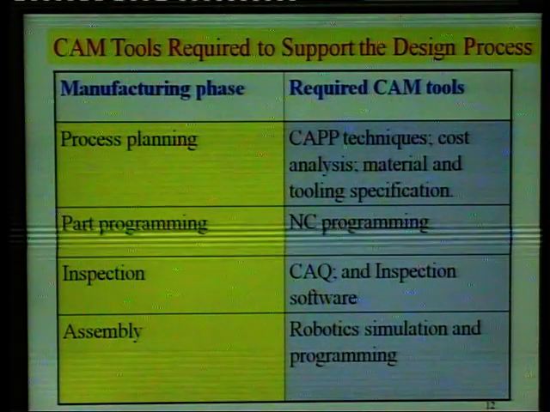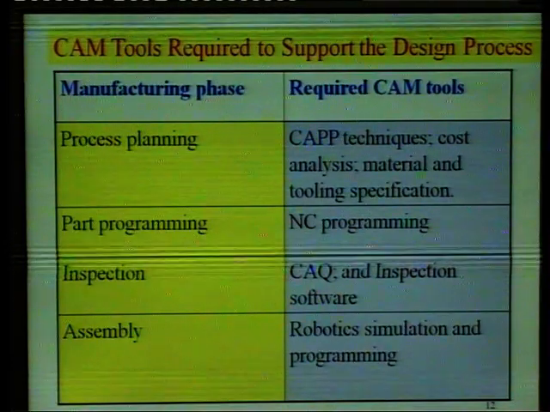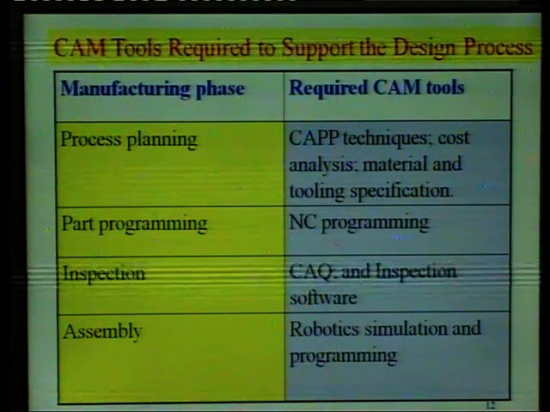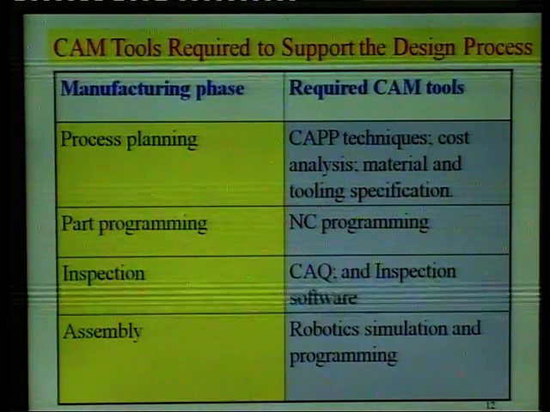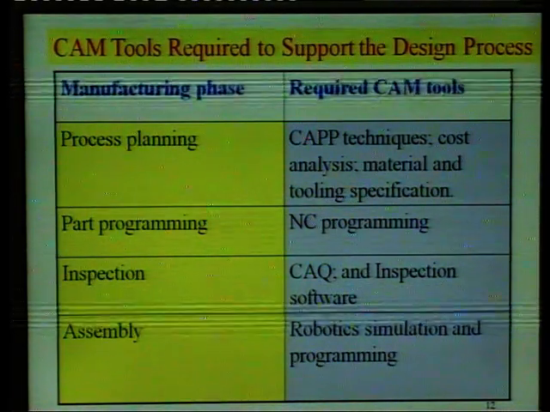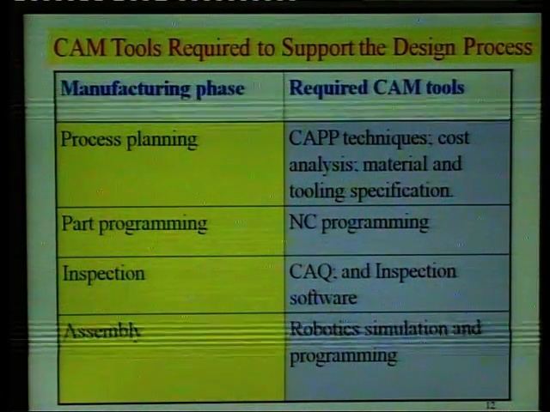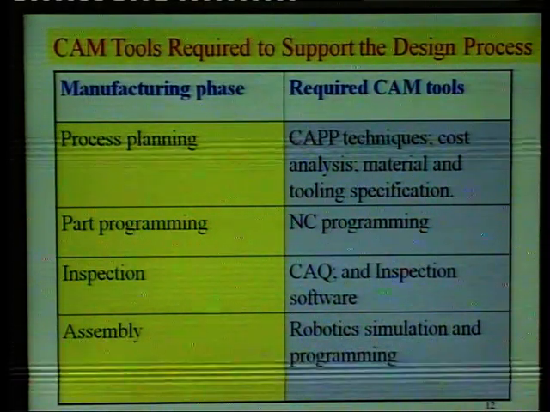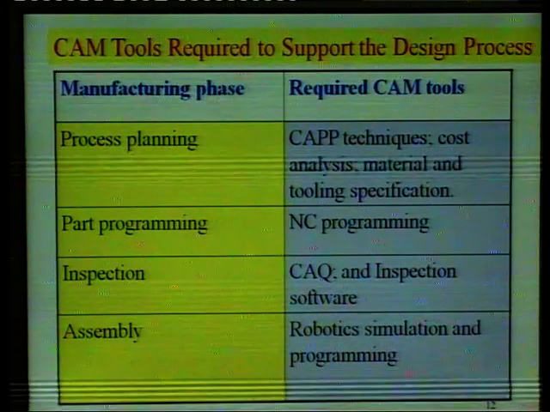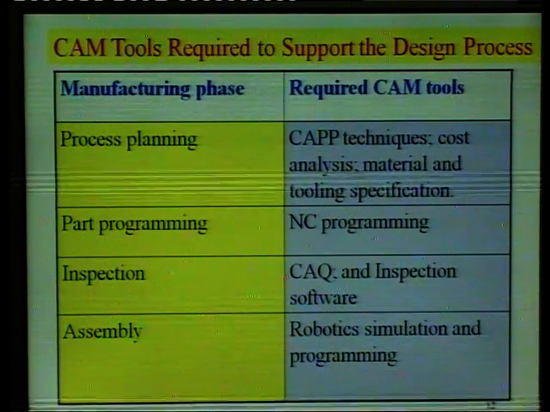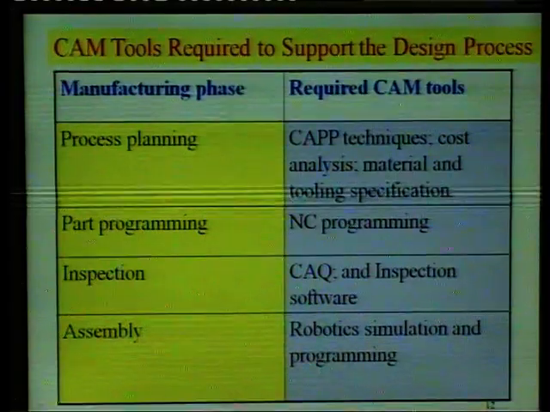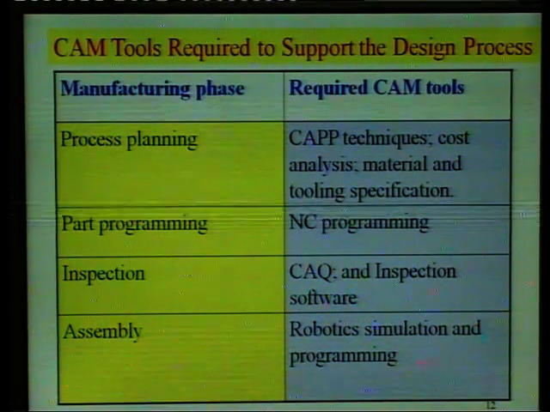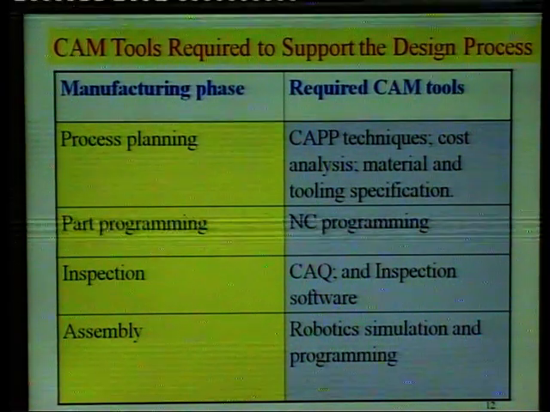CAP is the full form of computer aided process planning, and we need to do cost analysis, material and tooling specifications, etc. In the next phase, that is the part programming phase, we have tools like NC programming using different types of specially designed languages, for example, the APT language.